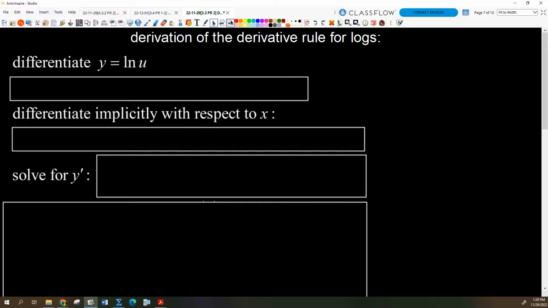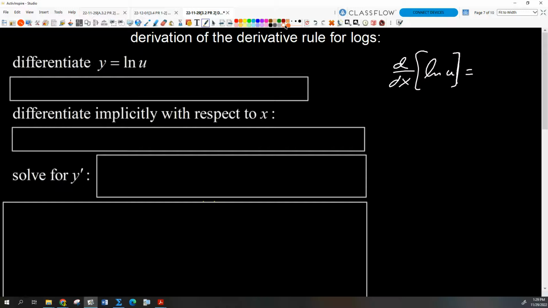We don't yet know. Our goal here is to figure out what is the derivative with respect to x of log u, right? That's our goal. We want to be able to fill in the blanks here. What does that equal?